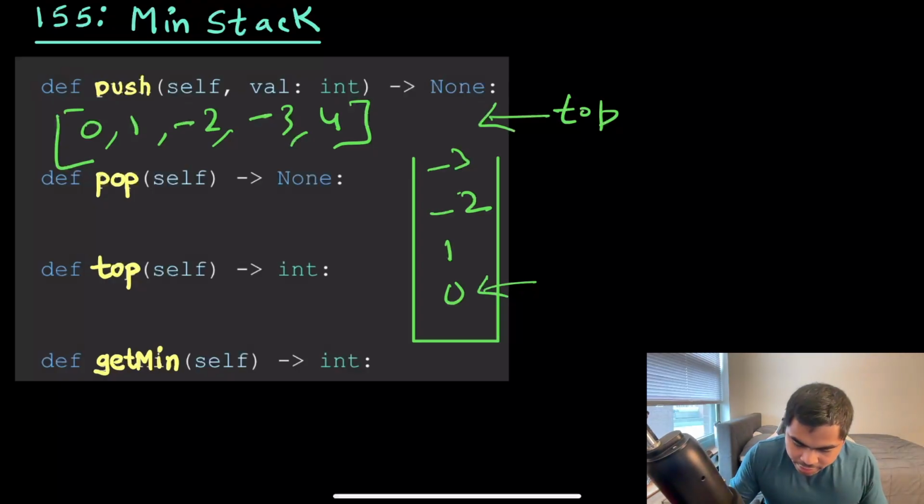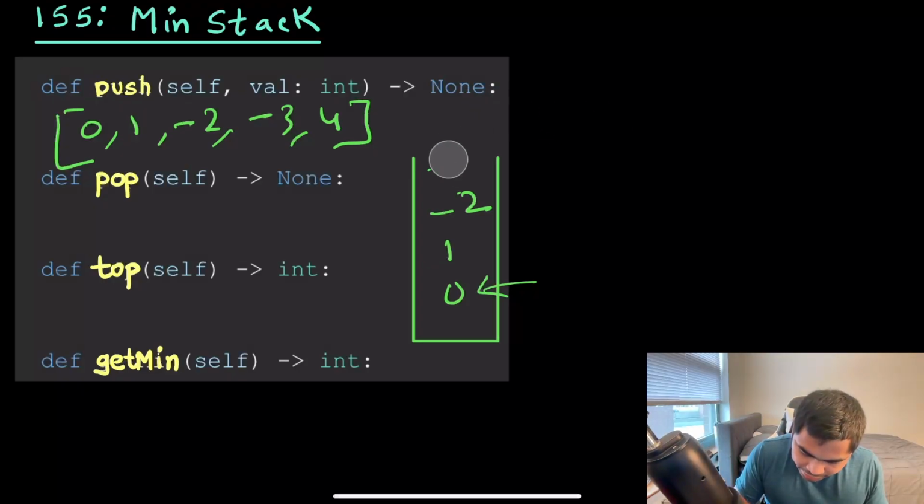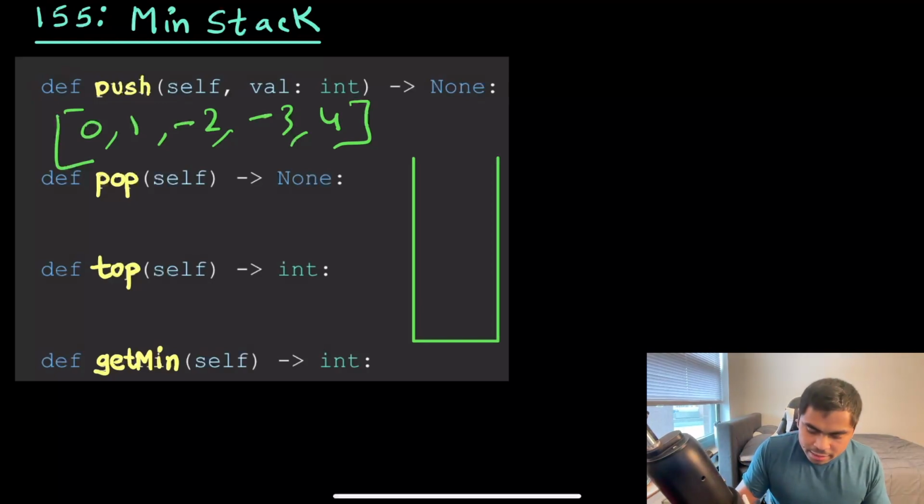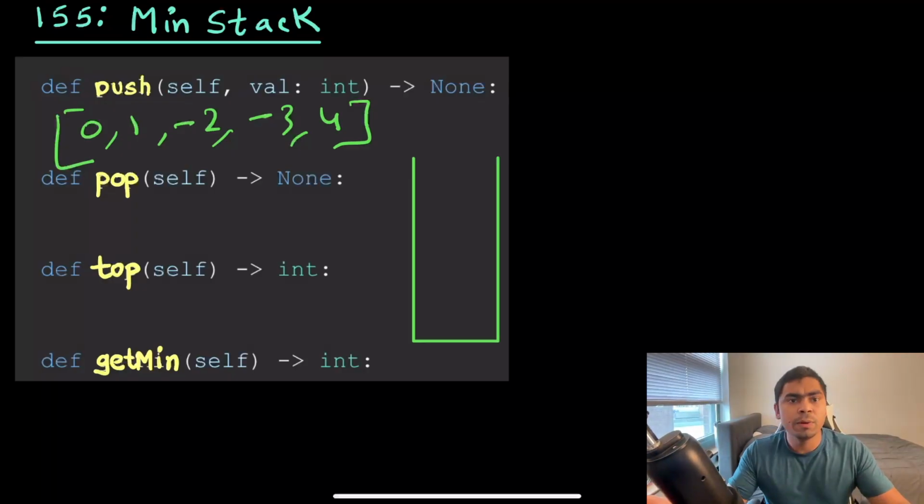So when I push the values to my stack, I'll push a tuple, so that I can access the value and also its minimum in the stack at that particular position.